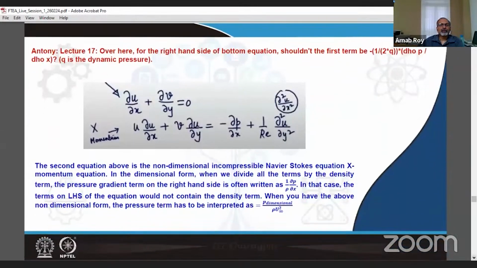We have another query from Anthony over here. For the right-hand side of the bottom equation, shouldn't the first term be this?